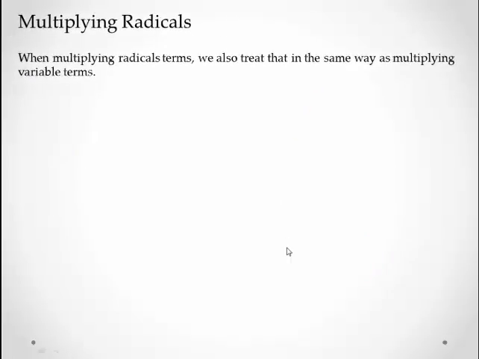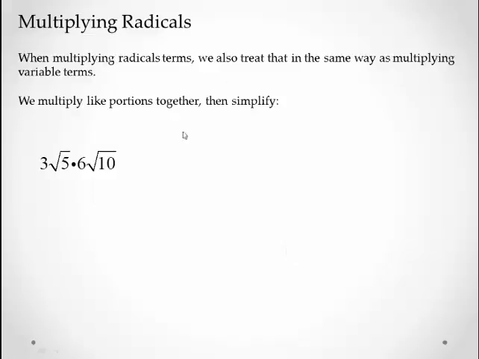Now when we multiply radicals, we treat them the same way as multiplying variable terms. We multiply the like portions together and then we simplify. So what I mean by that is we're going to multiply the 3 and the 6 together, and we're going to multiply the radical 5 and the radical 10 together. 3 times 6 and 5 times 10, giving me 18 radical 50.